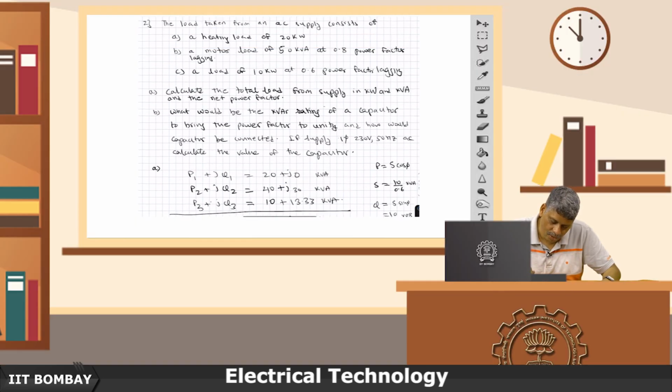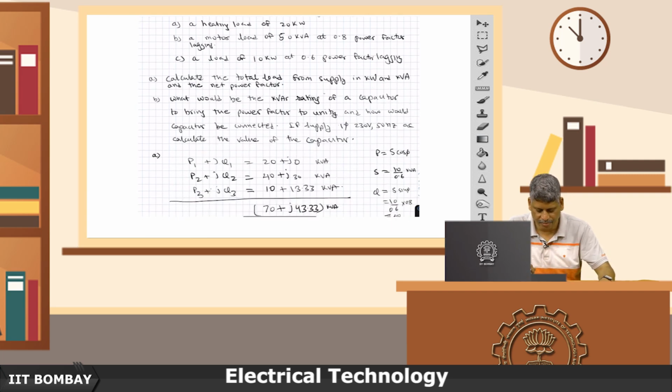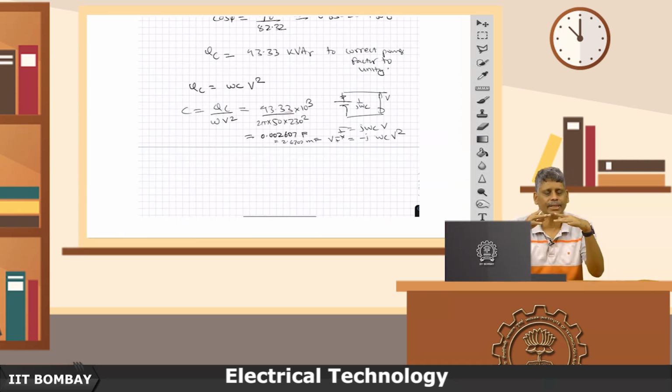So, this is the value of the capacitance which I need to compensate and bring the power factor to unity.